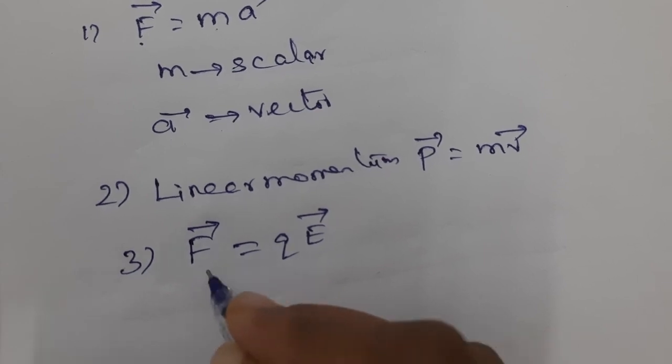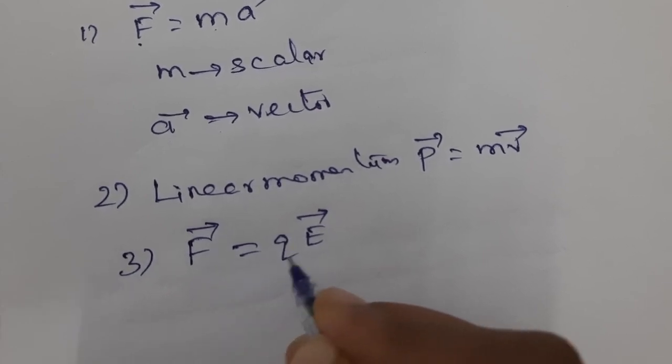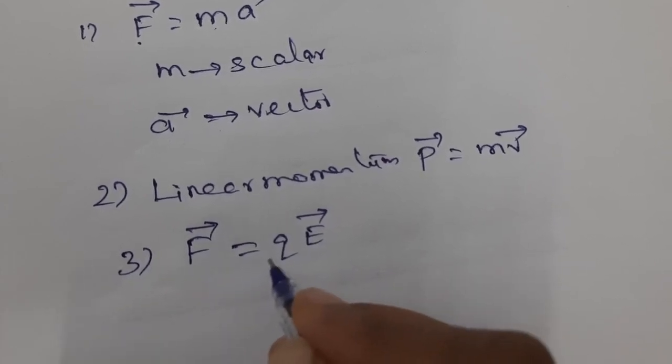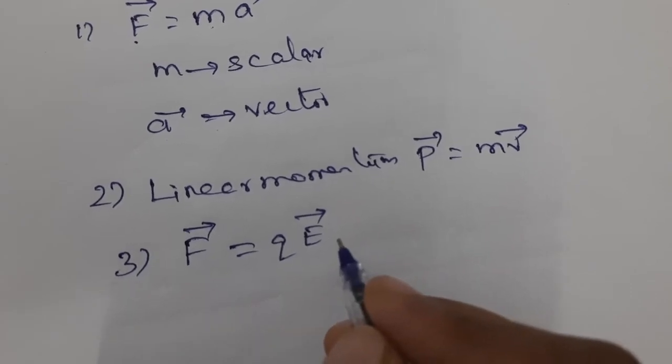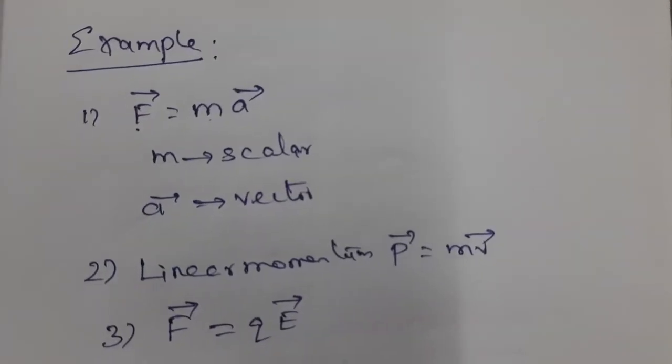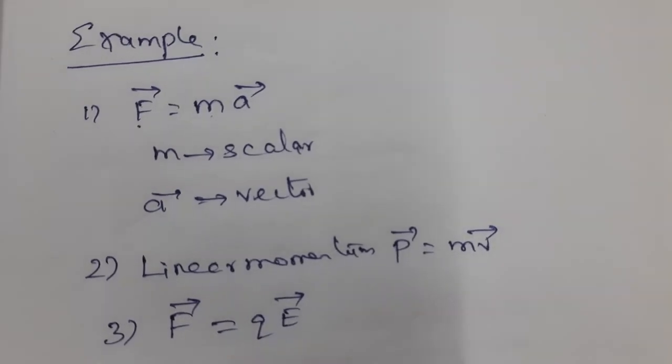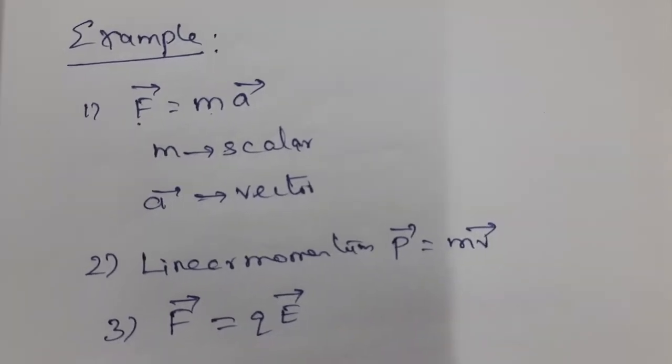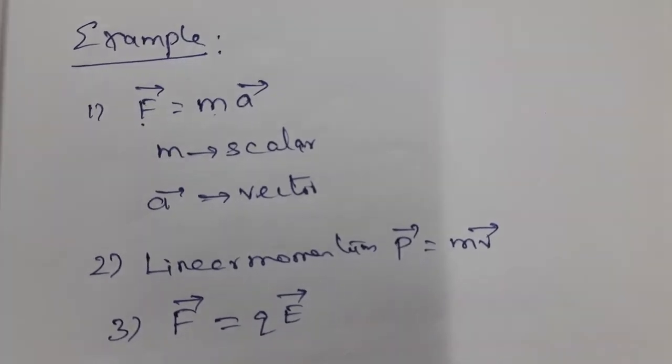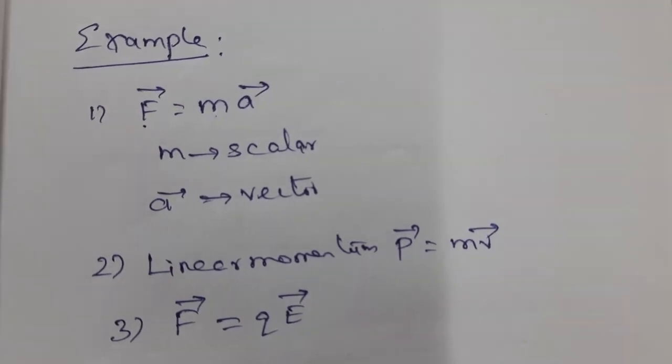So accordingly the force can be either in the direction of E or in the opposite direction of E. So we have seen multiplication of a vector by a scalar. The result is another vector.